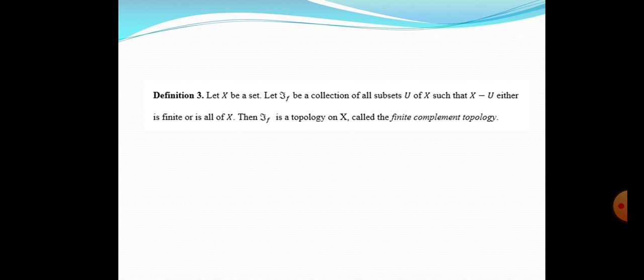Let tau f, f meaning finite, be the collection of all subsets U of X such that X minus U either is finite or is all of X. Then tau f is a topology on X called the finite complement topology. Here X means the whole set.